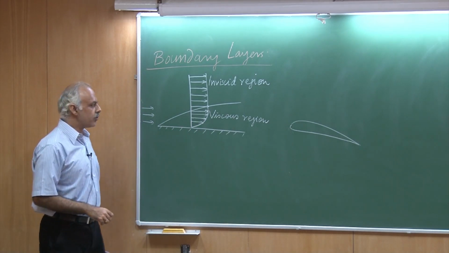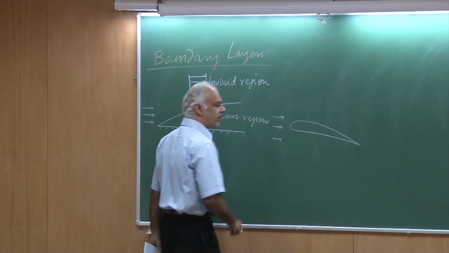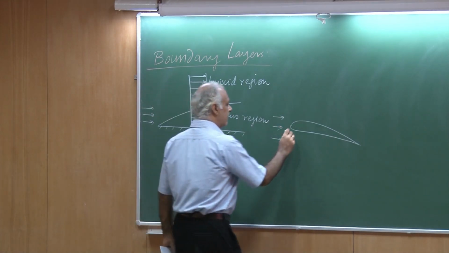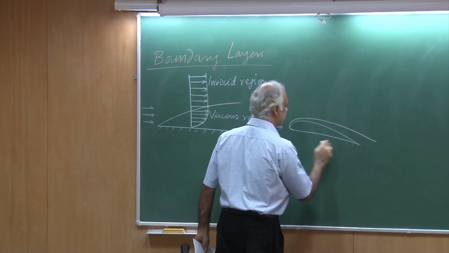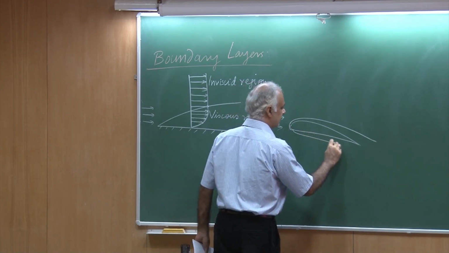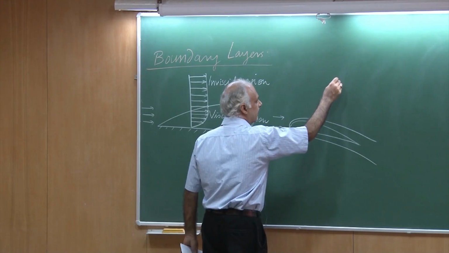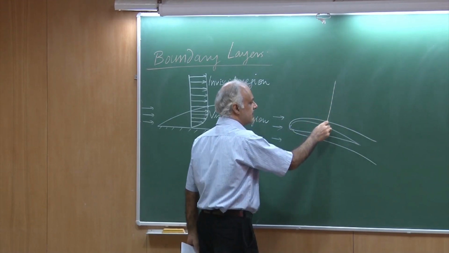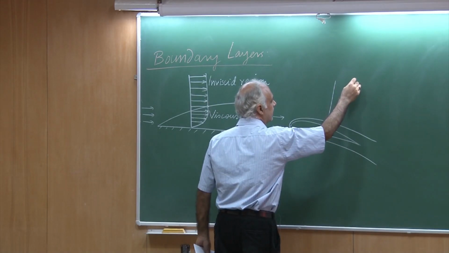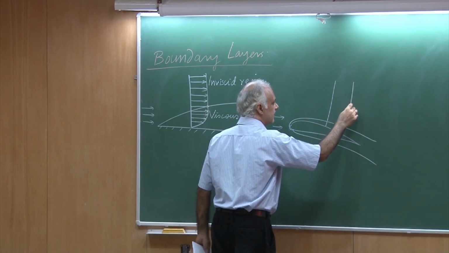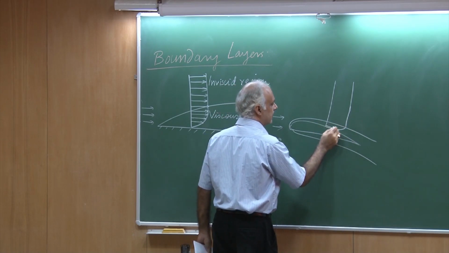Likewise, for flow past an airfoil, if I had flow coming in to an airfoil, then I would have a region where the shear stresses are large, the viscous effects are large. And if I drew a profile, let's say somewhere here, then what I would see is some kind of an inviscid flow outside and then a boundary layer on the inside.